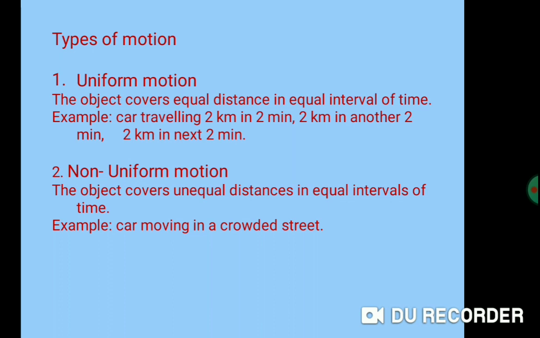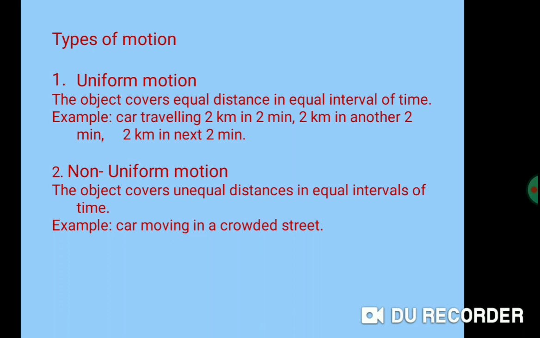So the motion of the car is uniform. Now second, non-uniform motion. If the object covers unequal distances in equal intervals of time, it is said to be non-uniform motion.